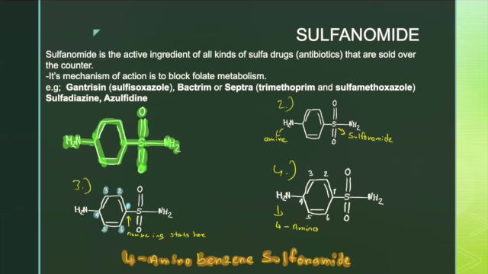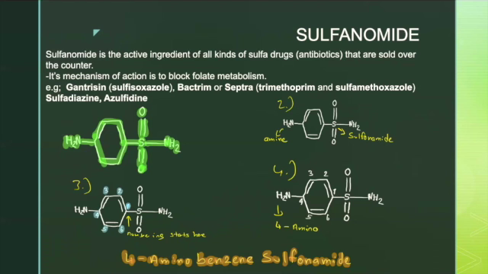Since benzene sulfonamide is the parent chain, we must count the parent chain starting from sulfonamide, as it's the highest priority functional group. Lastly, we identify the side chains with their location, which is the amino group. However, since there's another group in higher priority, the amino group will be named 4-amino.